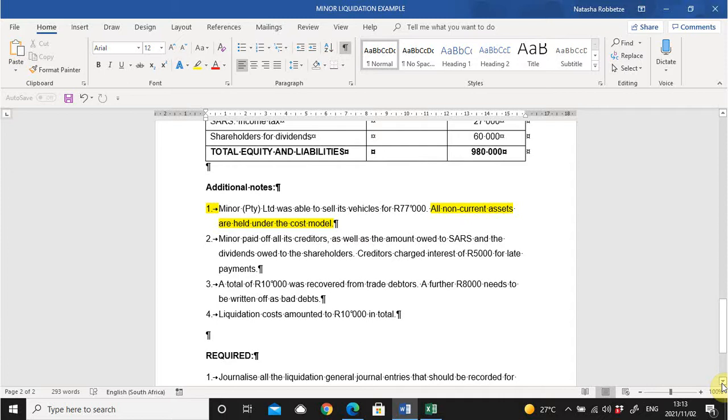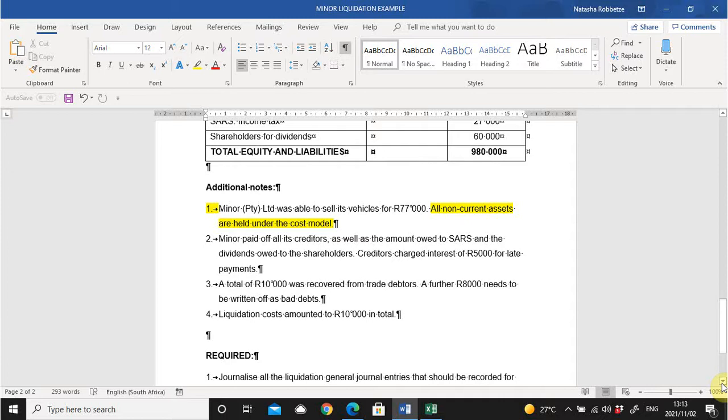This is important because if we look at the steps that I've listed on the slides, it's important to remember that if the company applies the revaluation model, we need to be wary that we must first perform revaluations before we continue with our step one.